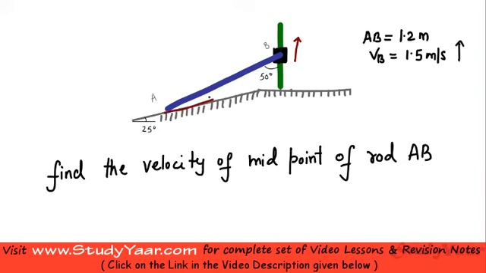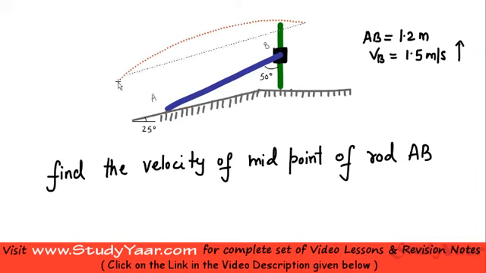So your point A is going like this. The velocity of point A is in this direction, and the velocity of point B is in this direction. So you know the velocity directions for two points. One is like this and the other is like this.